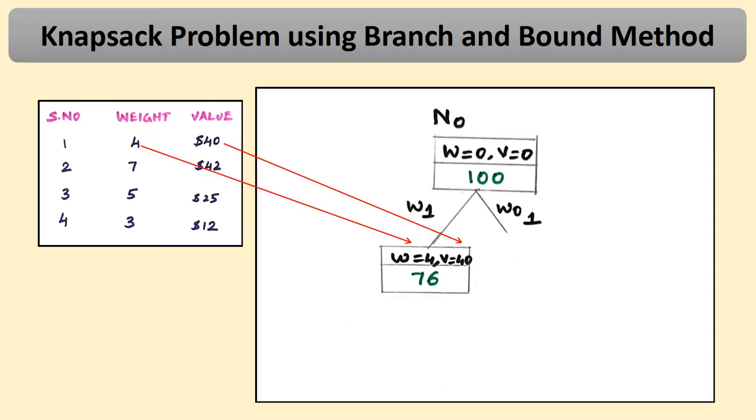So W1 is nothing but with weight and W01 is nothing but without weight. Now when you look at the table, what is the value of item number 1? W is equal to 4 and the value is equal to 40. We have calculated this, right? So now I am just updating the upper bound value for node 0 and node 1, that is nothing but 176.